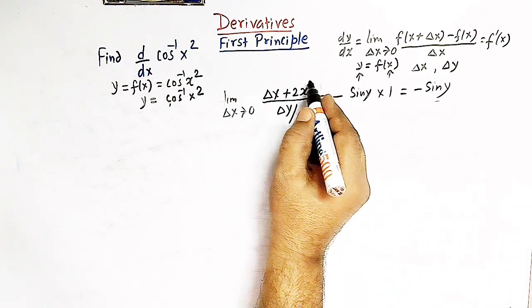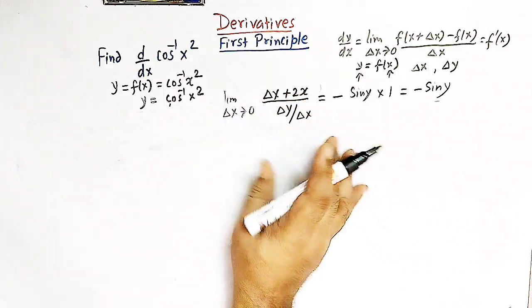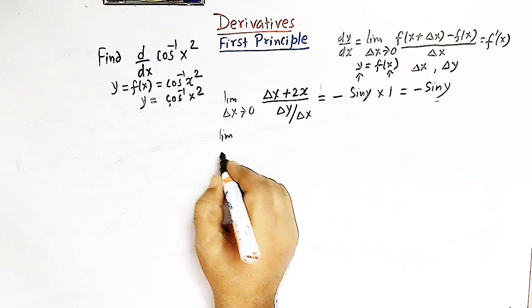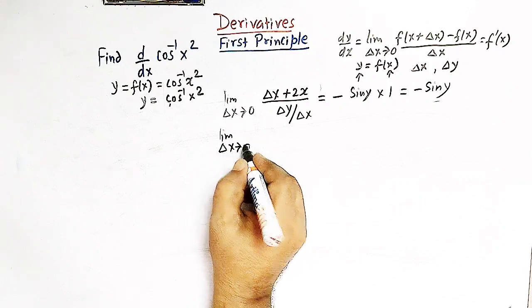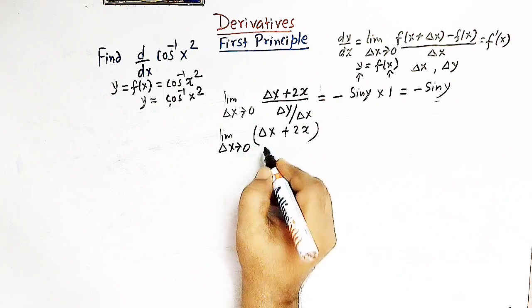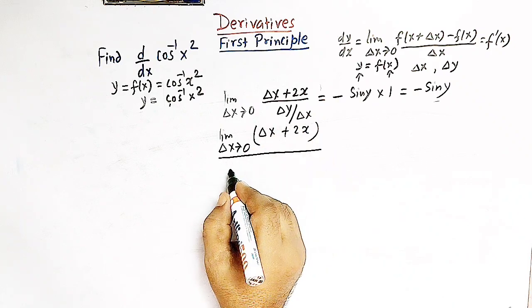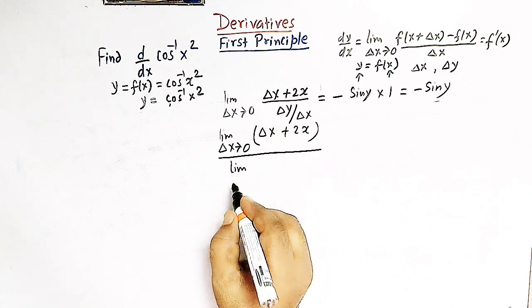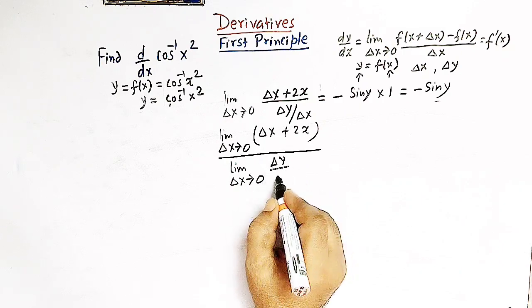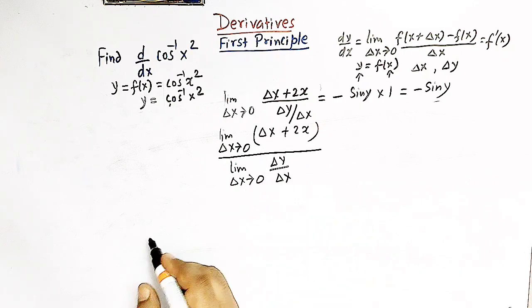So now we have the limit in the left hand side. So now we can write limit delta x tends to 0, delta x plus 2x, and in the denominator we can write limit delta x tends to 0, and we have delta y over delta x, right?